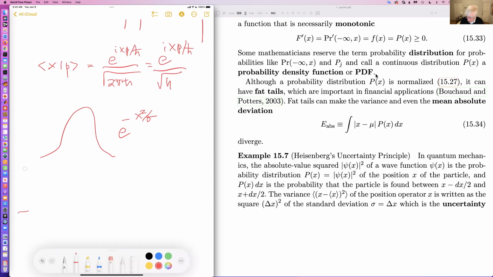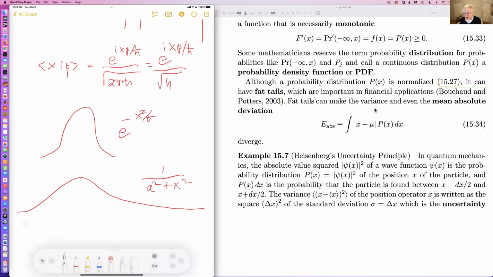But there are some distributions that occur that look more like this. They're still normalized. You can still integrate them over the real line, or over the positive real numbers, but they don't decrease exponentially. They decrease at maybe something like 1 over a squared plus x squared.